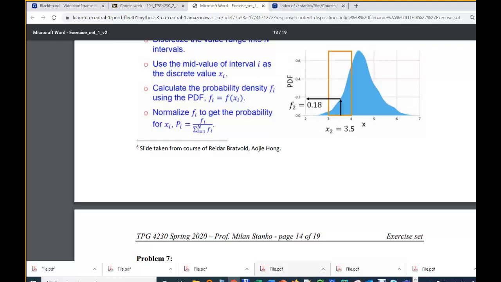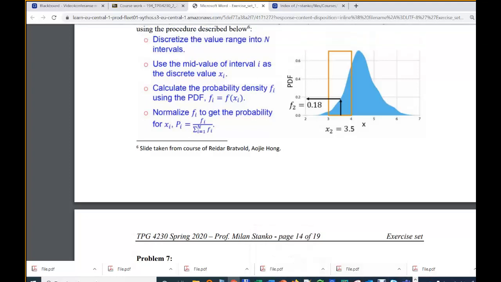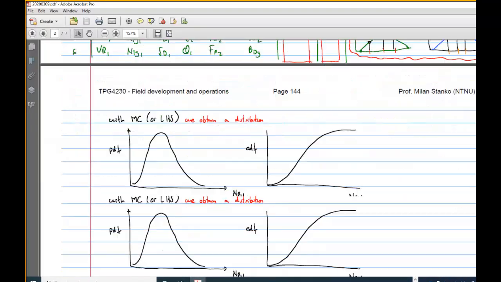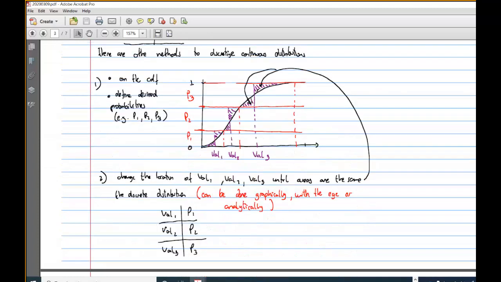Okay. What else? We also discussed another method that has been given in the exam in the past. In the other method, you were defining the values that you wanted. In this case, you define the probabilities, and then you find the values such that the two areas to the left and to the right are the same.